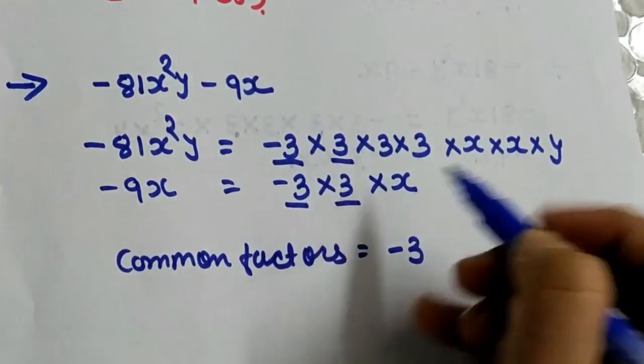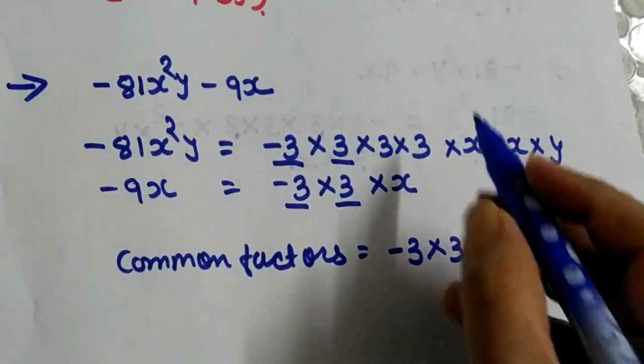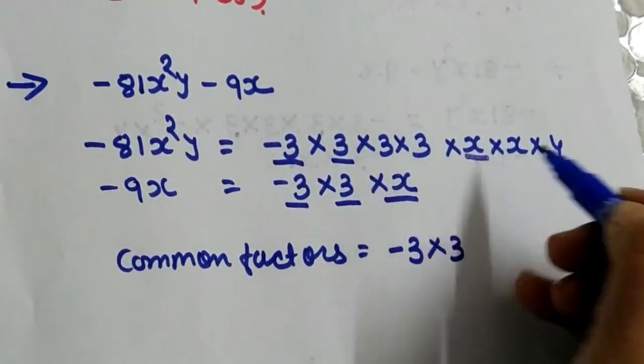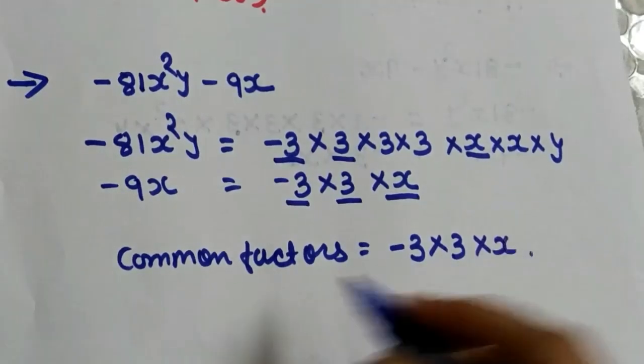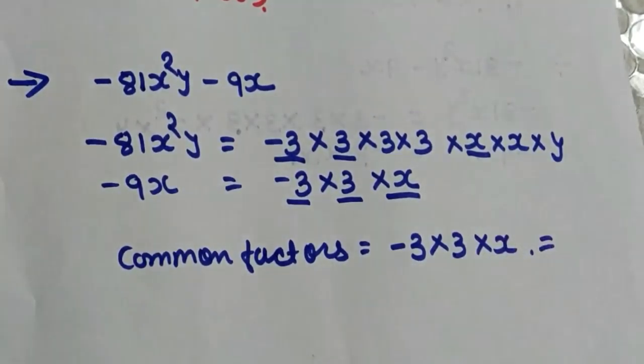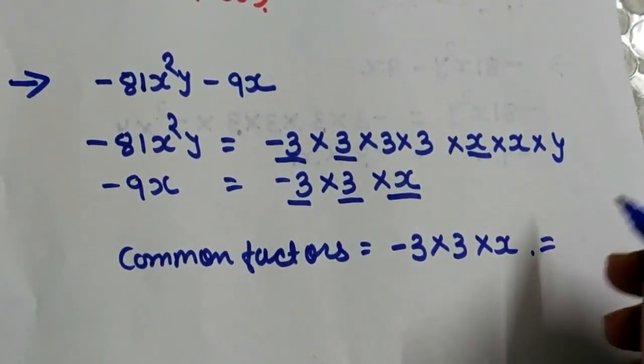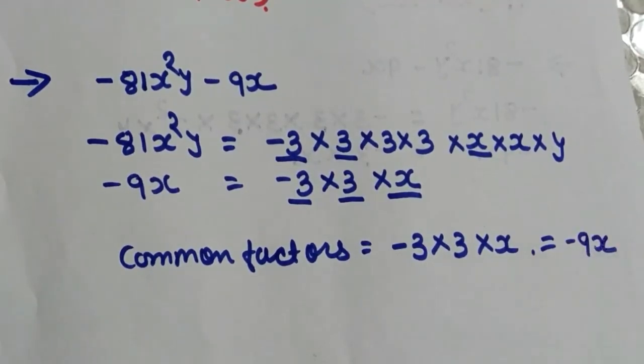Again 3, 3, and this x. So the common factor is minus 3 multiplied by 3, that is minus 9, and minus 9x is the common factor.